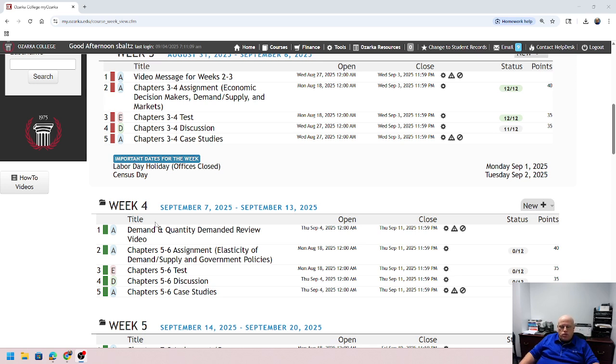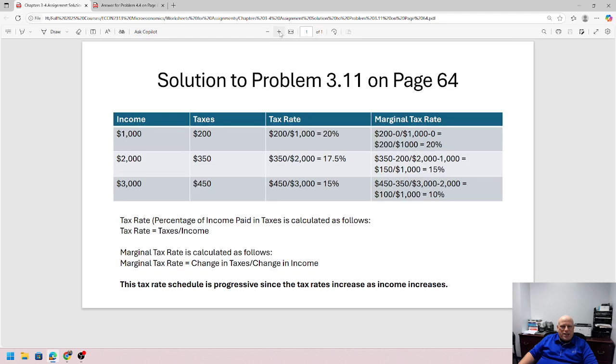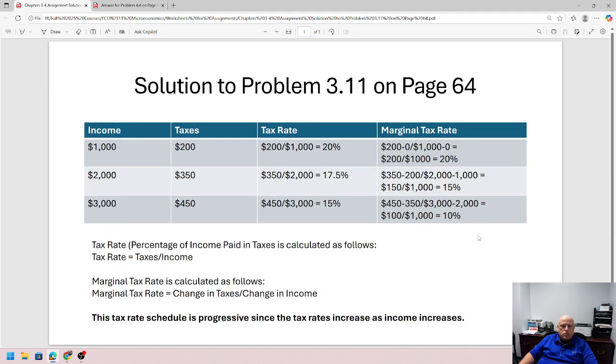Now, there were also some of you that had difficulties with the problems, specifically problem 3.11 and 4.4, which were taken from the textbook. All right, so I'm going to take a few minutes. I've got some slides here that show the correct answers for these problems that I thought would help those of you that had some issues with getting the correct calculated values.